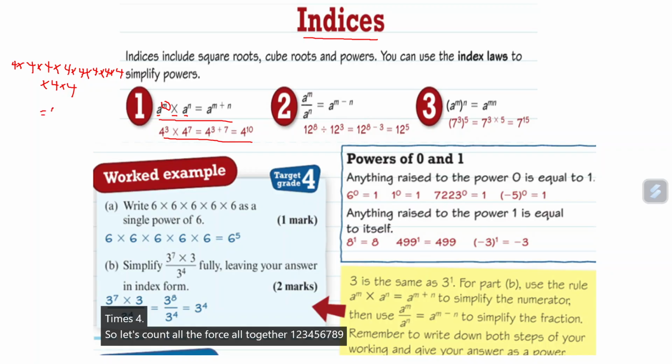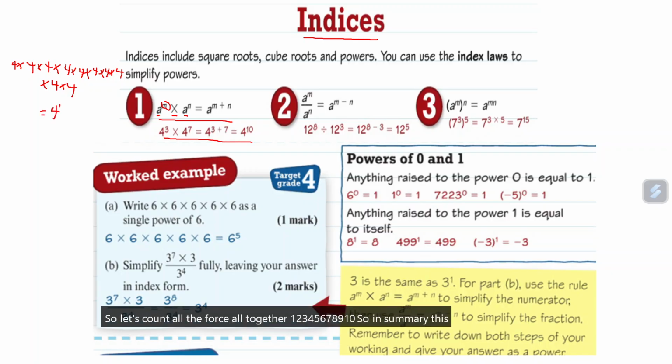So in summary, this is 4 raised to power 10. That's the interpretation of this.